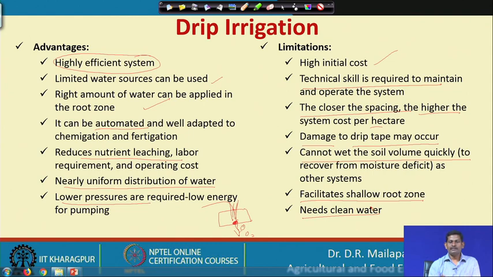So, that is the reason these two systems have an extra filtration system. The water which is input to the system will be initially filtered and then pass through the system.